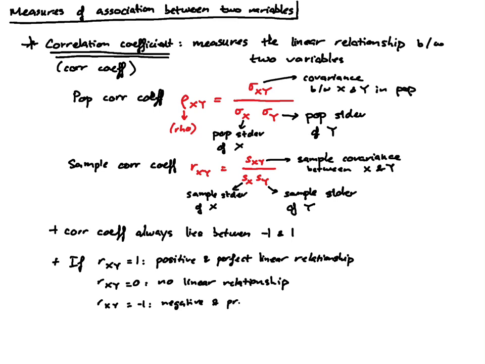So perfect linear relationship. Okay. And the idea is the linear relationship becomes weaker as the correlation coefficient gets closer to 0. So as Rxy goes to 0, the linear relationship becomes weaker.